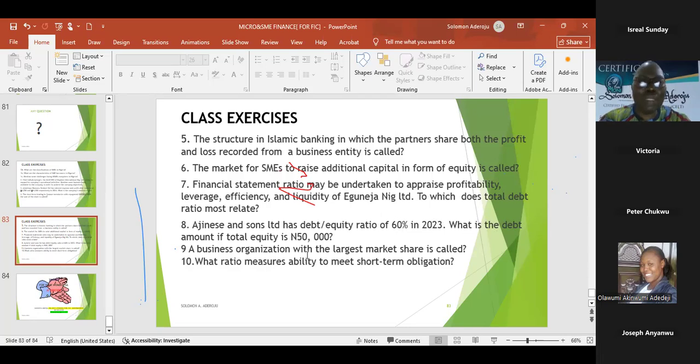What is the debt if the total equity is 50,000? Can anybody work it out?